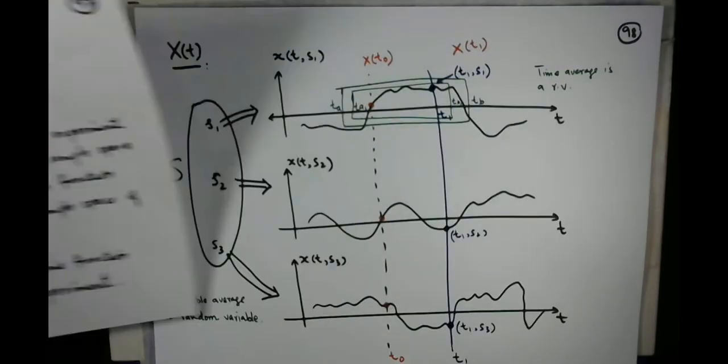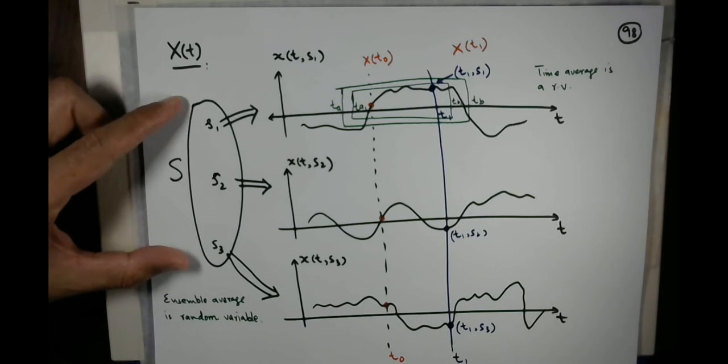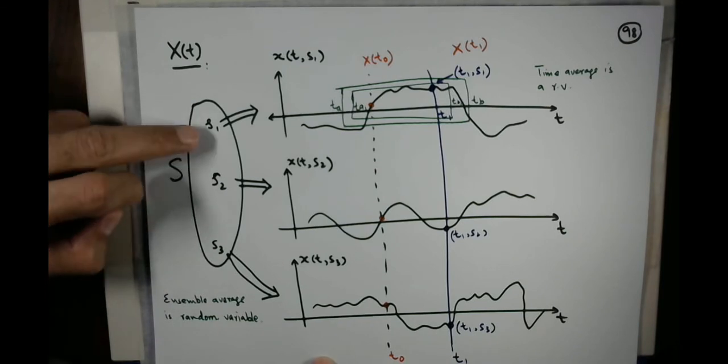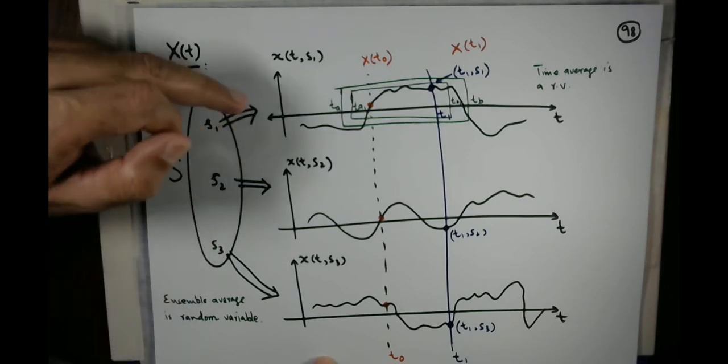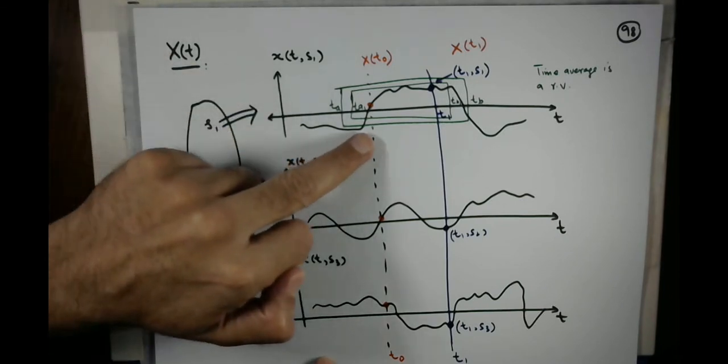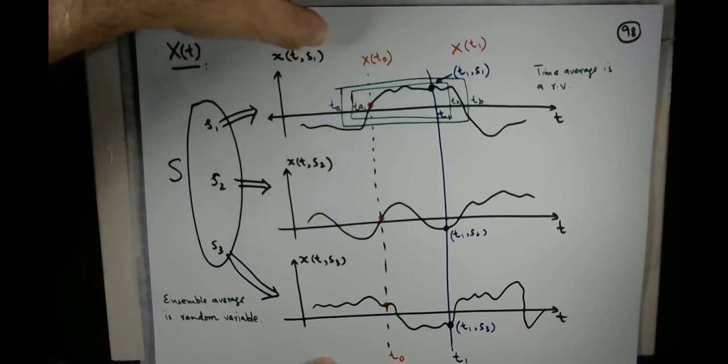We can plot this example. For this experiment, we have a sample space with, say, 3 sample values. Each sample value has some associated waveform. Call it x of t comma s1.